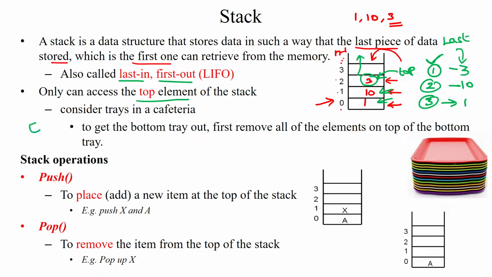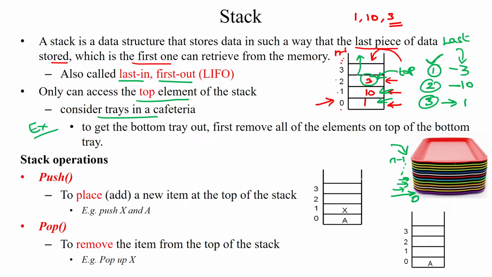Here I have given one example: the number of trays arranged in a cafeteria. Whenever the server washes trays, the first tray washed is arranged first, then the second tray, third tray, fourth tray, like that up to n minus 1 trays, from the zeroth tray to the n minus 1 tray.